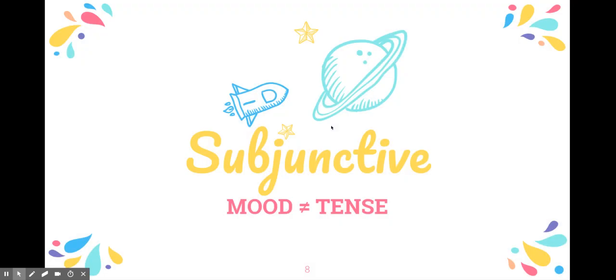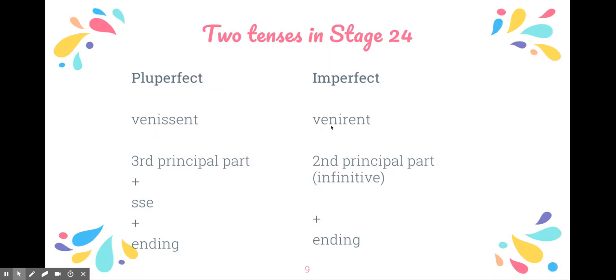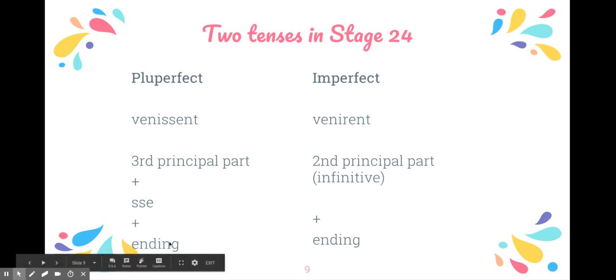Just to clarify, the subjunctive is a mood. It is not a tense. Subjunctive verbs still have tenses. There are two tenses that you are viewing in stage 24. The first one is the pluperfect tense, and the pluperfect tense looks like that: venissent. It features the third principal part, which is veni, and then it features sse, and then it features an ending.